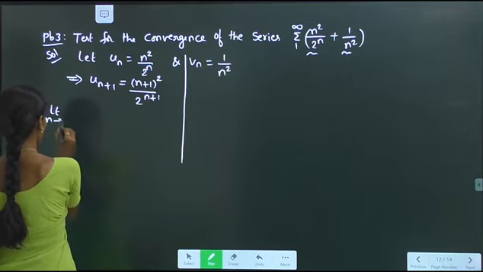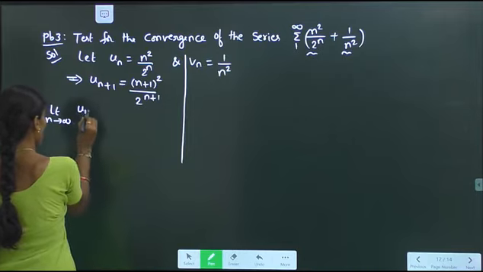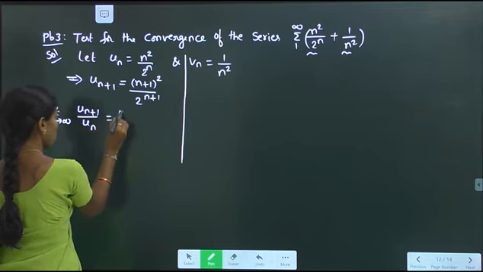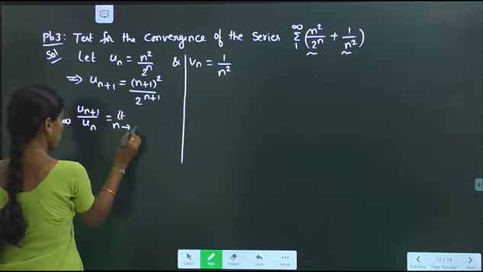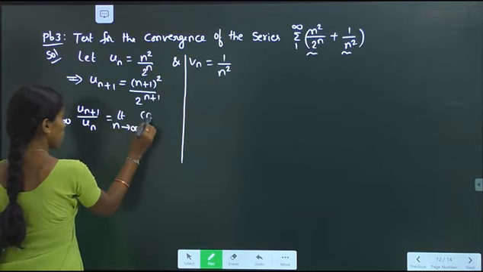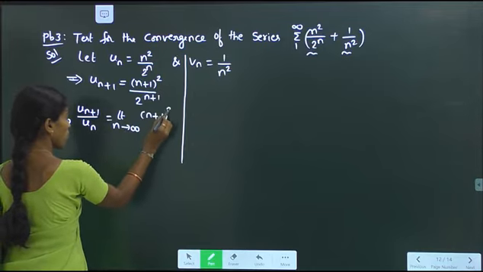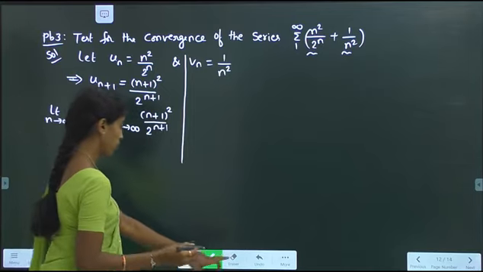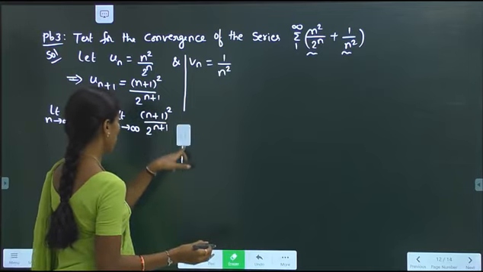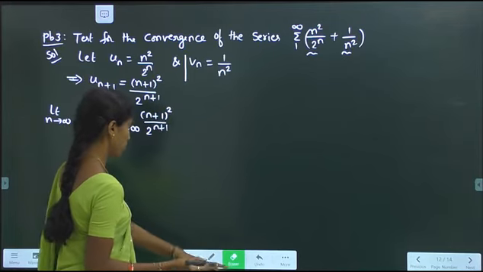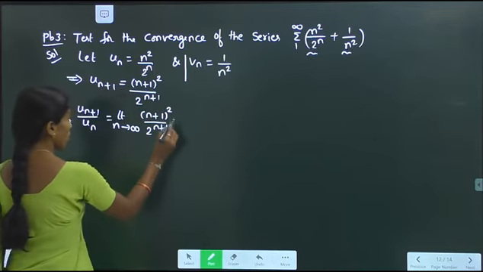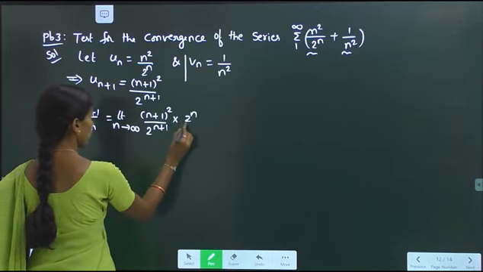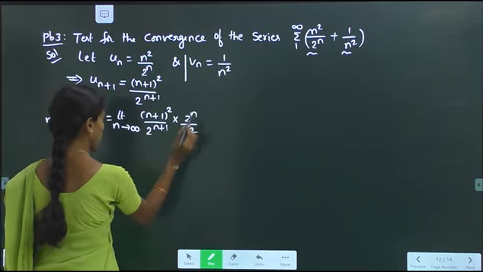Limit n tends to infinity, un plus 1 by un is equal to n plus 1 whole square by 2 power n plus 1, into 1 by un means into 2 power n by n square.